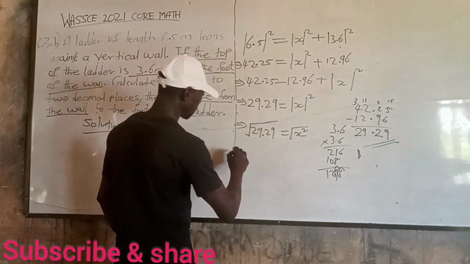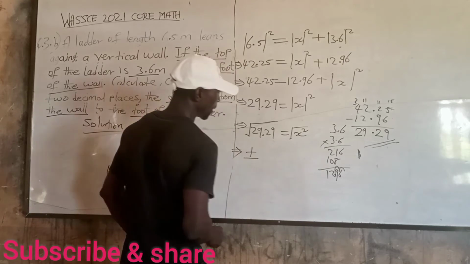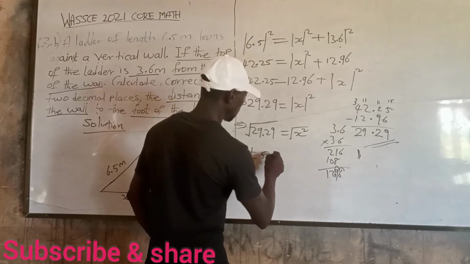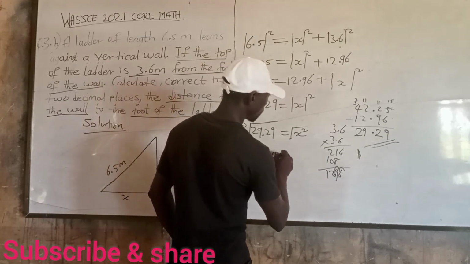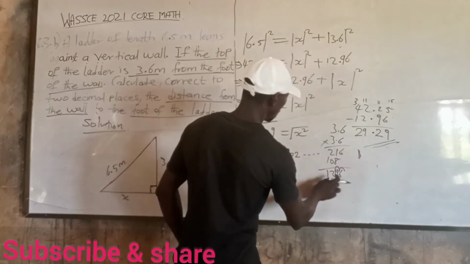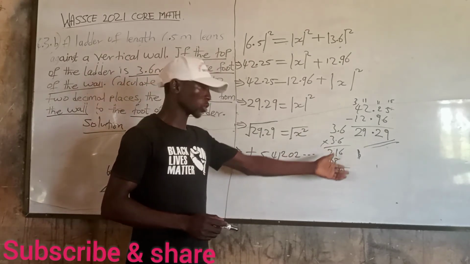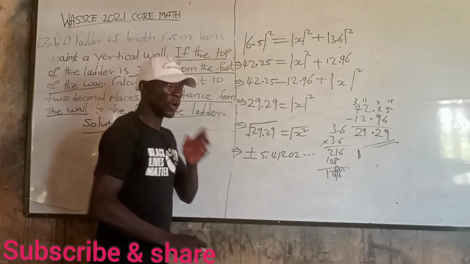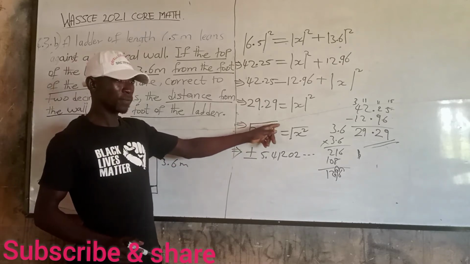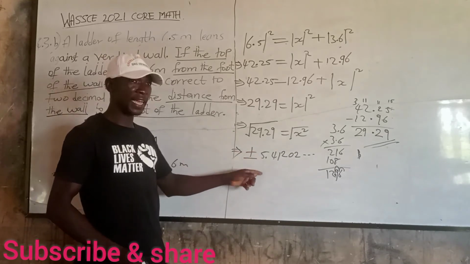So when we come, what is the square root of this? That is going to be plus and minus 5.41202, and the numbers continue. That's why I put the 3 dots. The reason why we have plus and minus here is that we are using the square root, so we must have plus up and negative down.